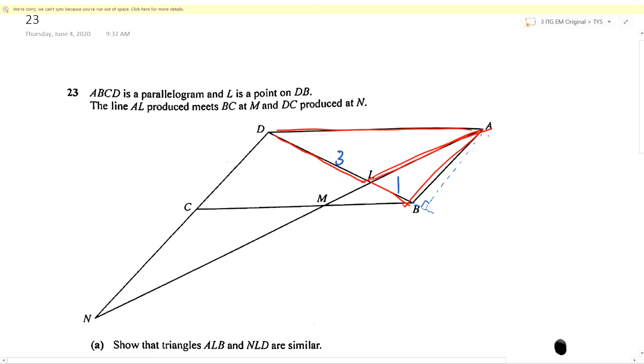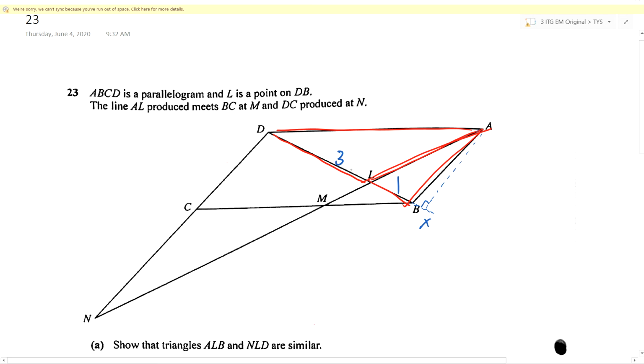Okay, ABL. If LB is the base, then A to this point, let's call it X, is the perpendicular height. For the other triangle, ADL, if DL is the base, then extend DL, point X to A is the vertical height. So these two triangles share the same vertical height.